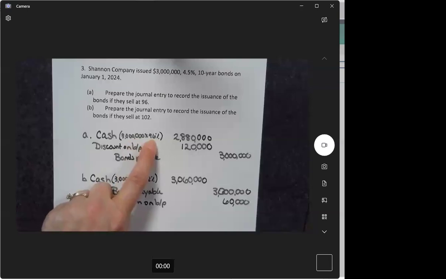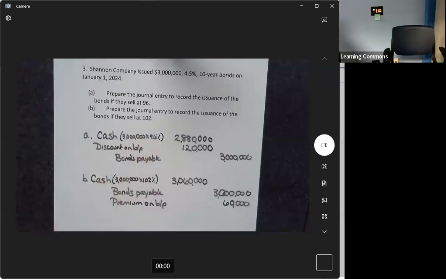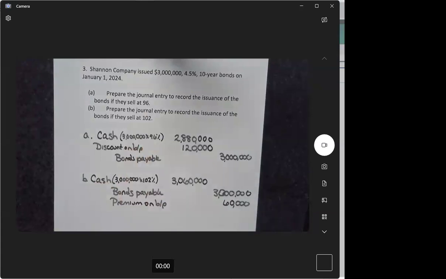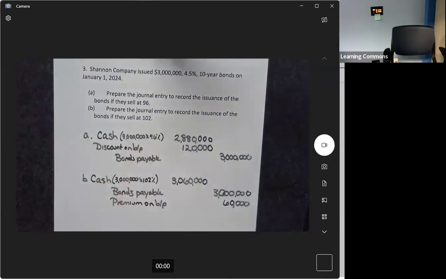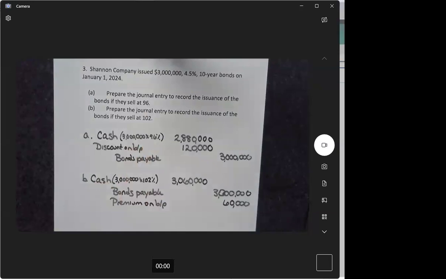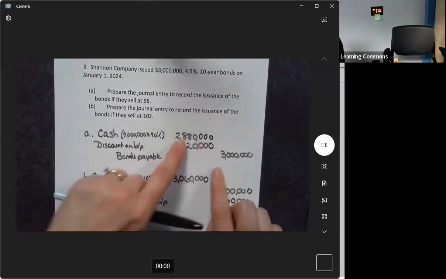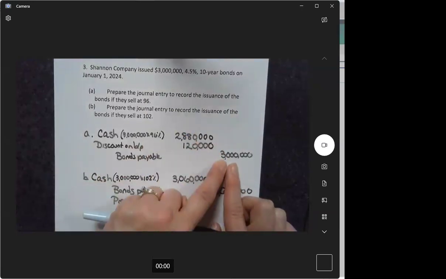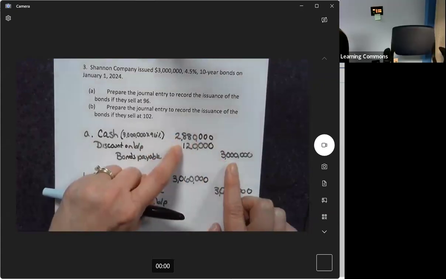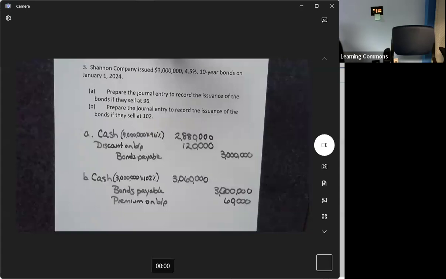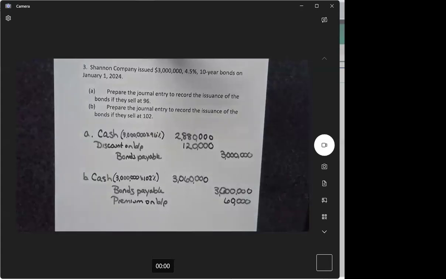We're only going to actually get 96% of that, because they paid us less to compensate for the lower interest. The difference between the face value of the bonds that we record as our bonds payable and the cash we receive, we record to this discount on bonds payable account.